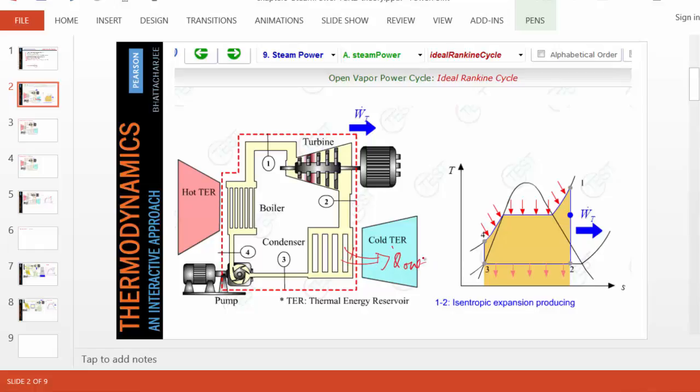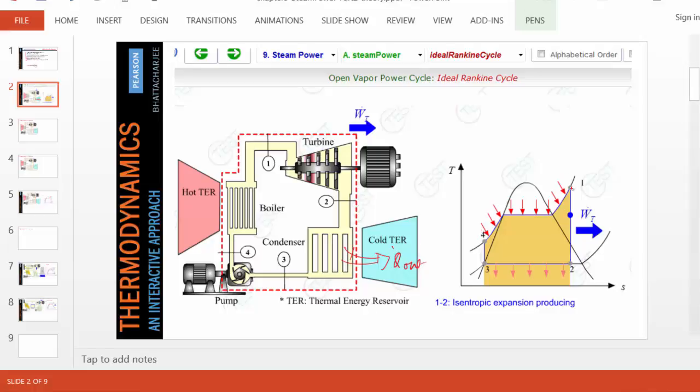Q dot out comes out here, and as heat comes out, the steam condenses from state 2 to 3 at constant pressure, and in this case also constant temperature. And from 3 to 4, the pump raises the pressure back to the boiler pressure, and from 4 to 1, constant pressure heat addition takes place.